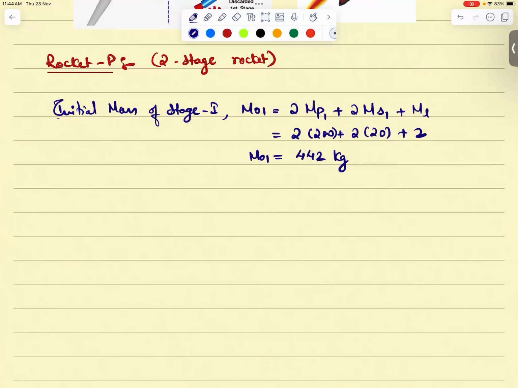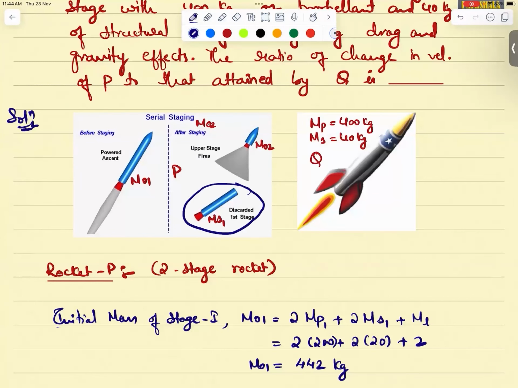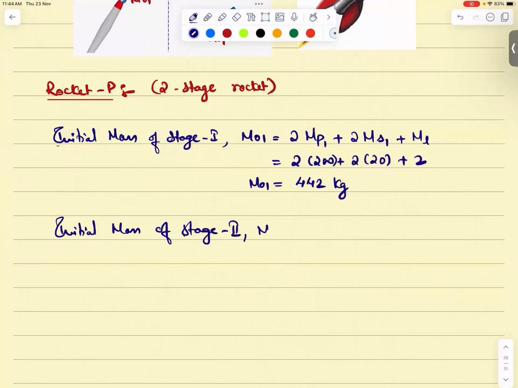Then you write initial mass of stage 2. And the first stage is over. This much is released, and the propellant is burnt also. So the initial mass at stage 2 would be M01 minus MP1 minus MS1.